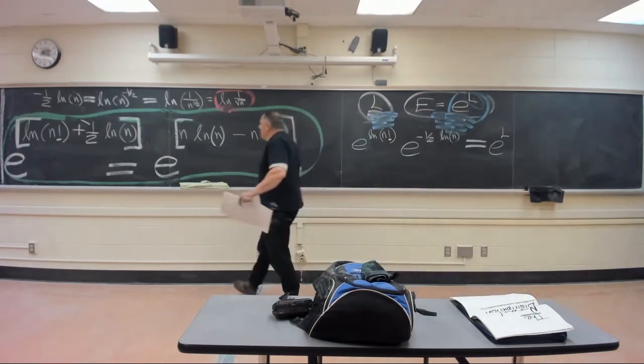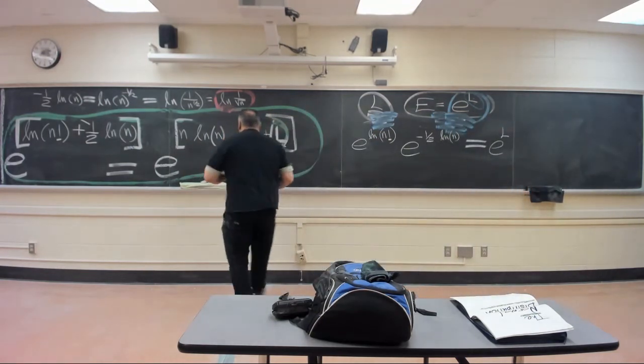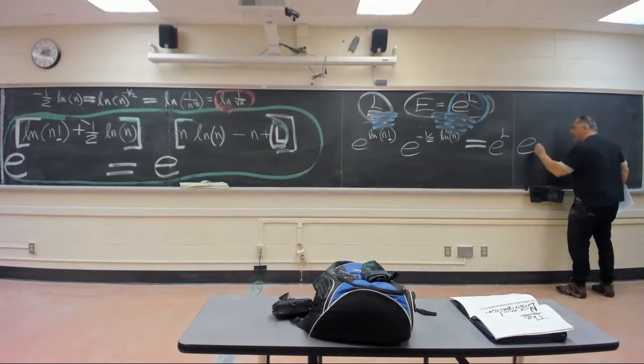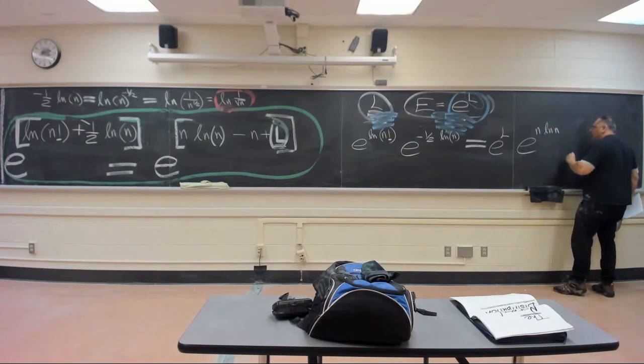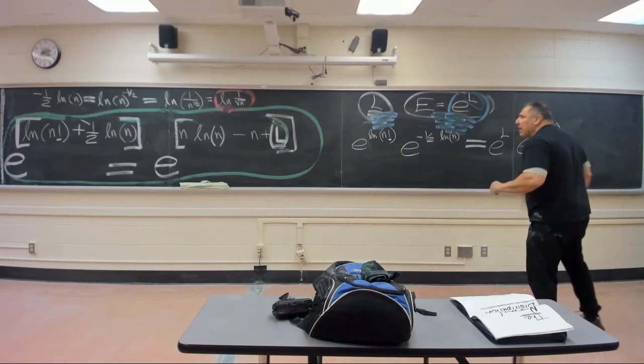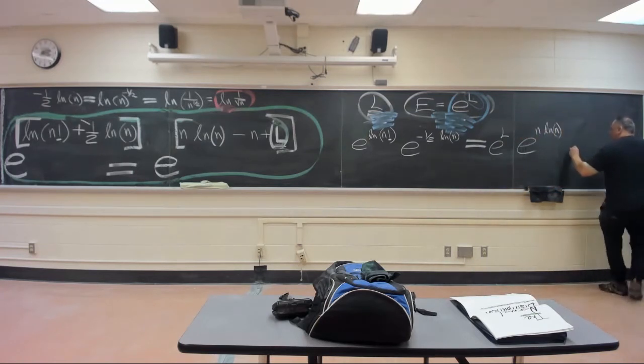That's e to the L. This is n ln n. Okay, we've already done this, or talked about it at least. The other one's e to the negative n.